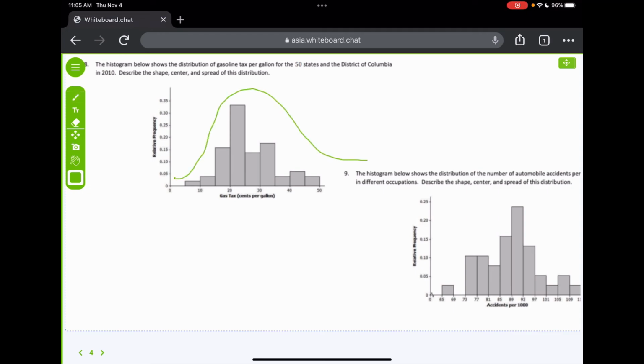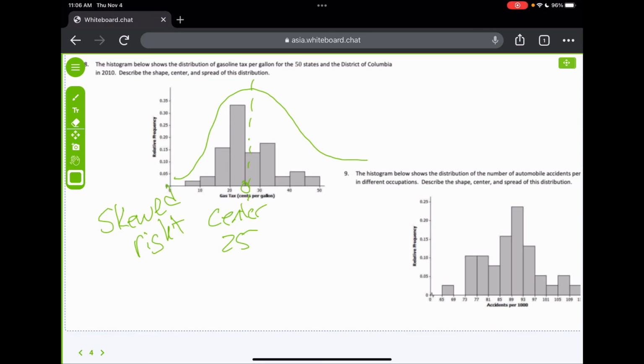That's probably going to be considered skewed right. Now the center is going to be somewhere in through here, maybe a little bit farther to the left since it's skewed right. That means the mean's going to shift farther to the left. So let's call it 25 as the center.